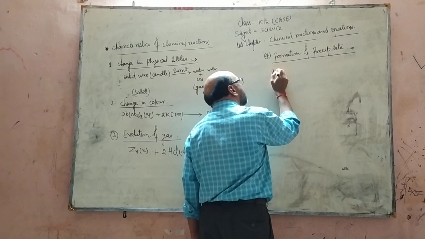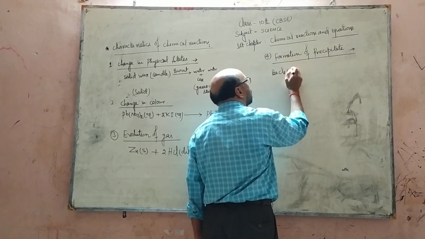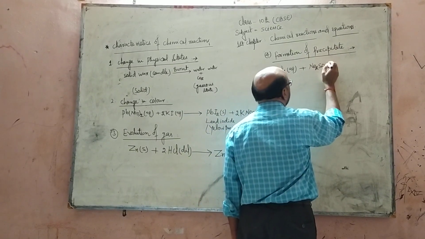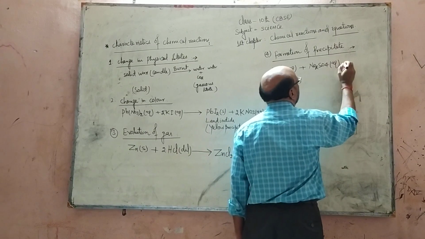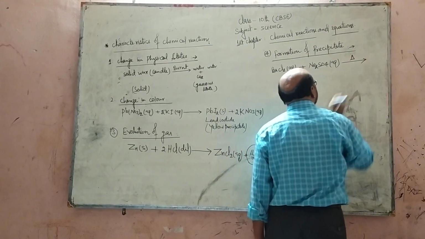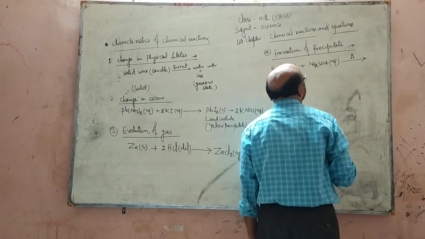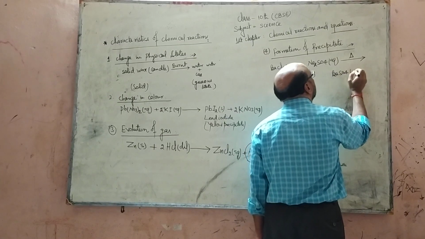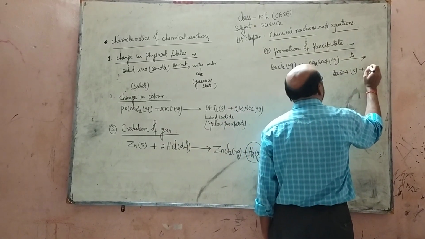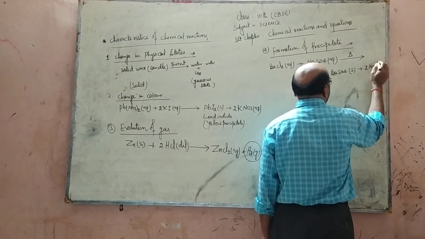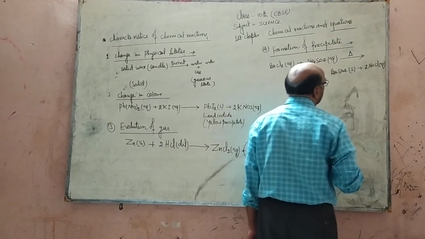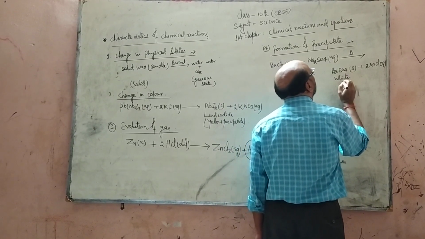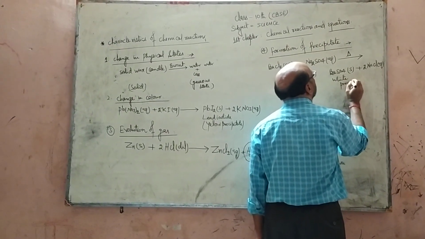If we take the aqueous solution of barium chloride and sodium sulfate and allow these two solutions to mix in a test tube, a white precipitate of barium sulfate along with the aqueous solution of sodium chloride is formed. White precipitate of barium sulfate.